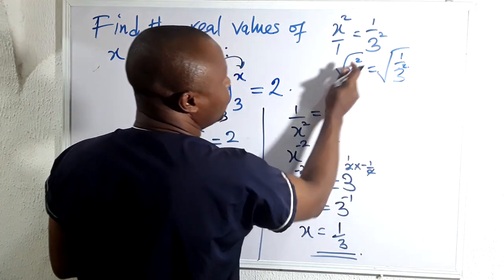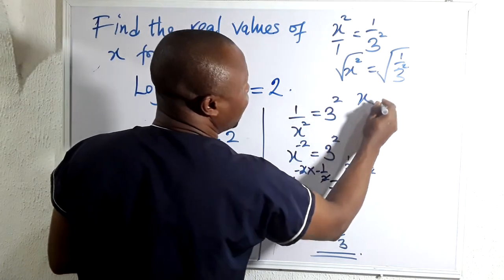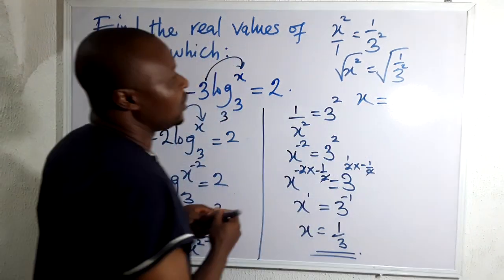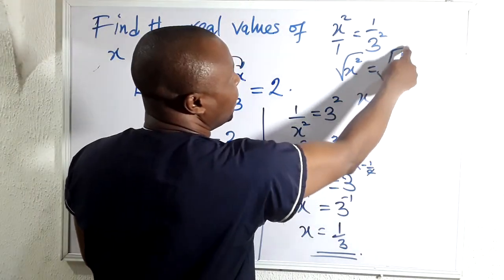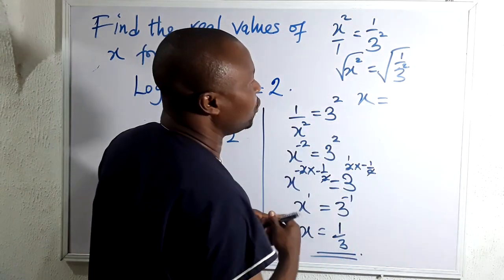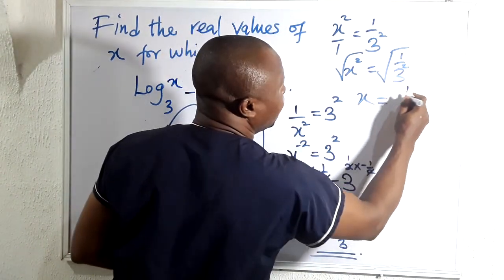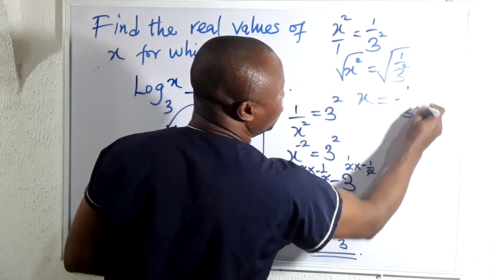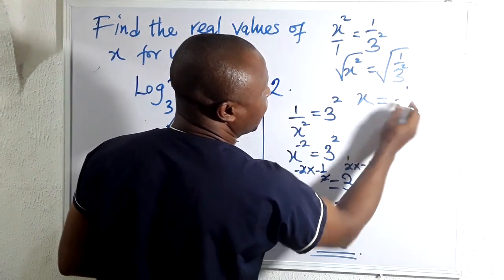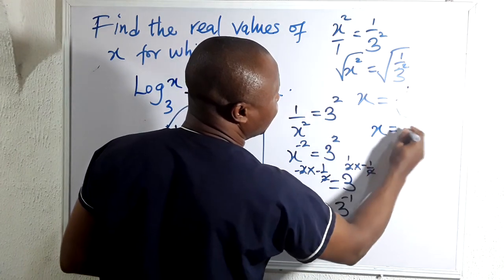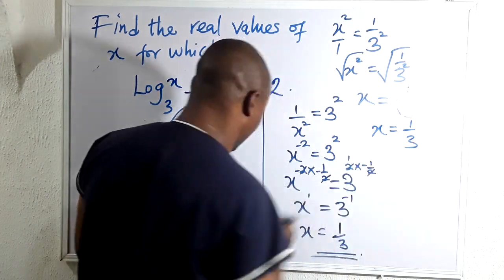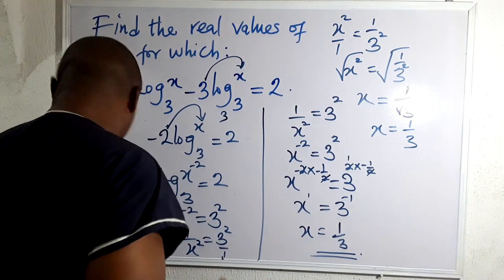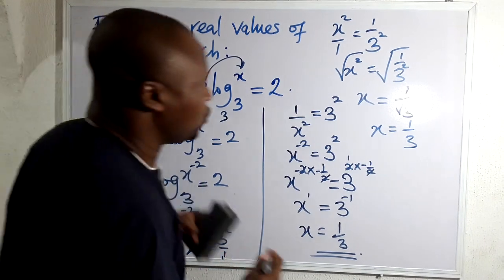Now if you take the square root of both sides, the root sign will cancel the square, so you have x is equal to 1 over the square root of 3 raised to power 2. The root sign will cancel these two, so you have x equal to 1 over 3. So that's pretty much the two ways by which you can solve this problem.